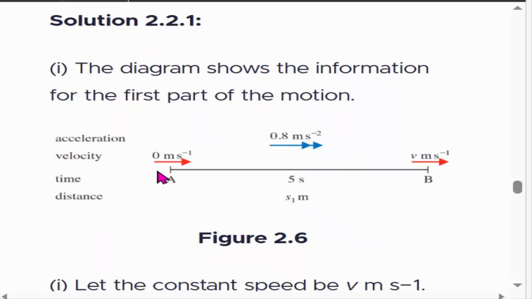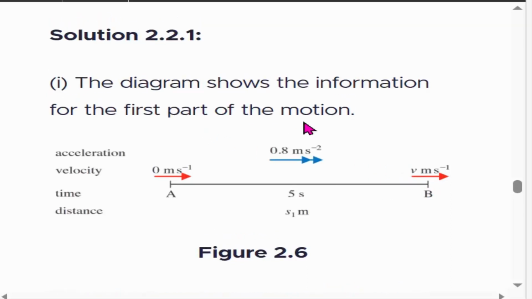It has an initial point which has a 0 velocity, 0 meters per second, and then after that it accelerates at 0.8 meters per second squared for 5 seconds, and then it reaches the next point B, and we don't know the exact velocity at that time.